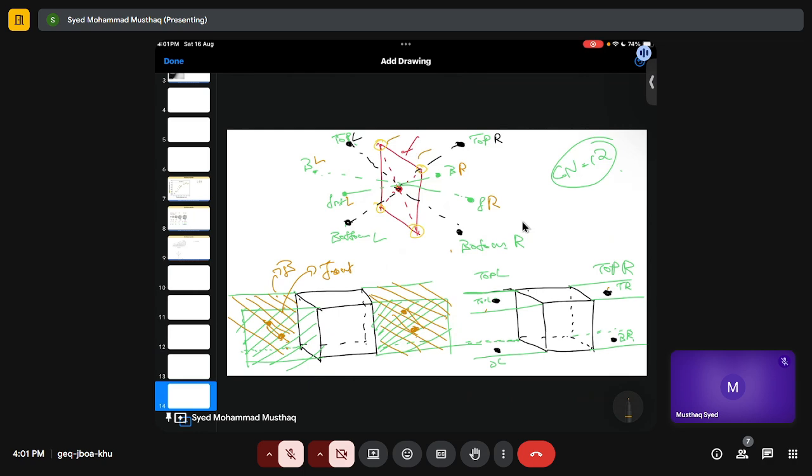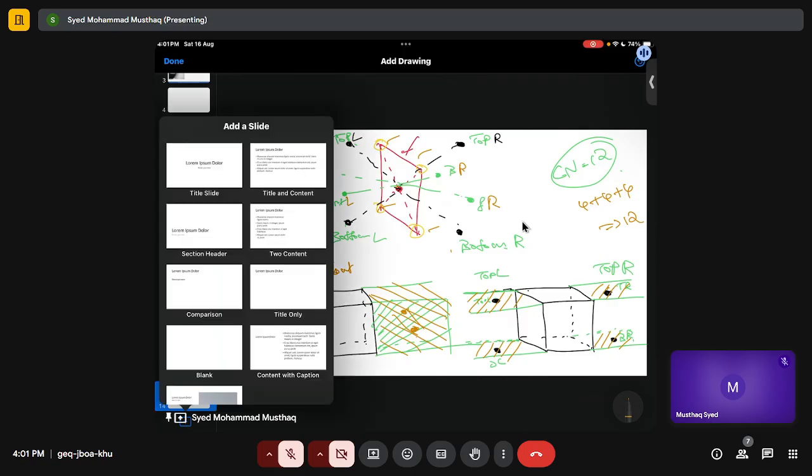These guys, yellow. So 4 plus 4 plus 4 will be equal to 12. That's it. I hope I tried my best to make you understand. So these are my top plane, this is my bottom plane. I tried my best, but let's hope you people do understand, okay?